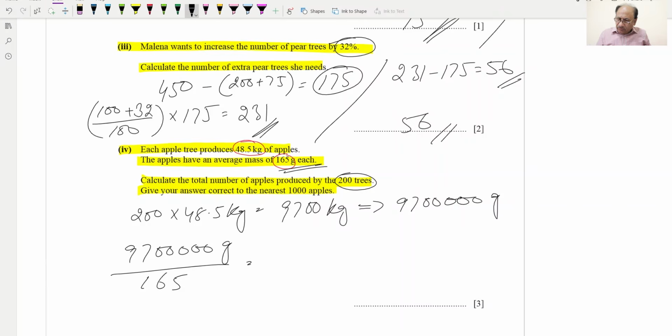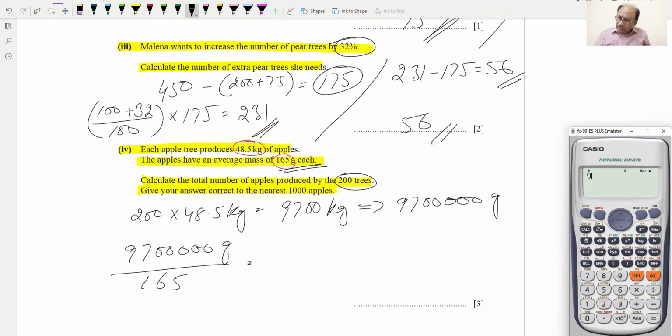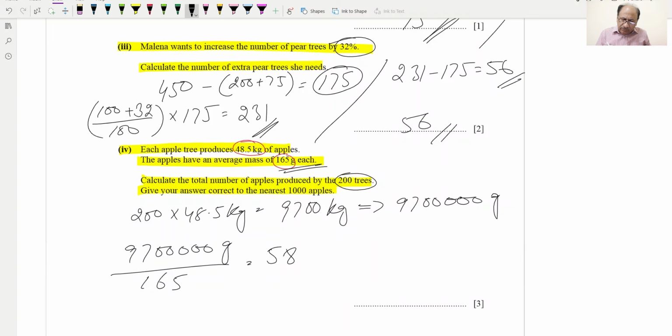So we'll get the number of apples, which is 58787. They are saying correct to the nearest 1000, so it is closer to 59,000, so we'll write 59,000. This will be our answer.